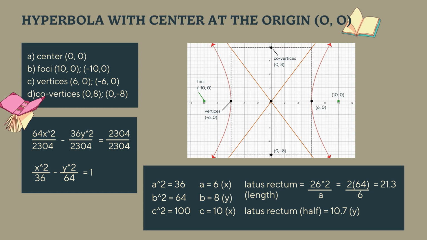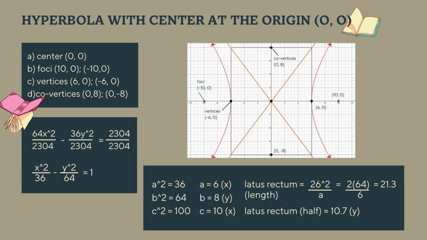We have here the parts of our hyperbola with center, foci, vertices, and co-vertices. Our center equals 0, 0, foci 10, 0 and negative 10, 0. Our vertices are 6, 0 and negative 6, 0, and our co-vertices are 0, 8 and 0, negative 8.